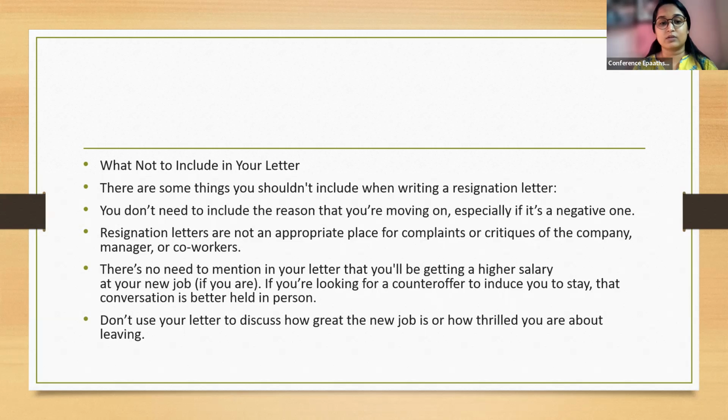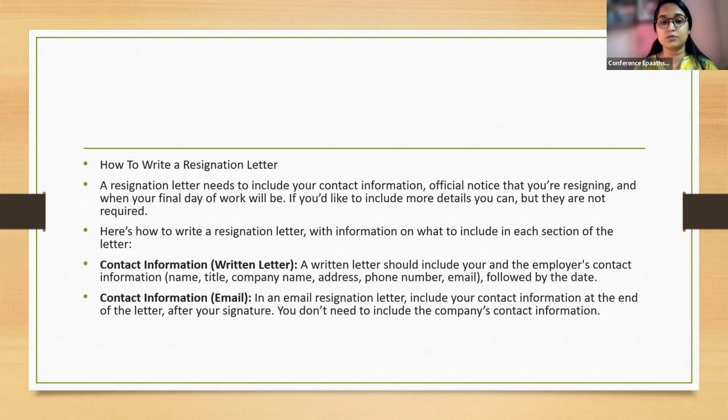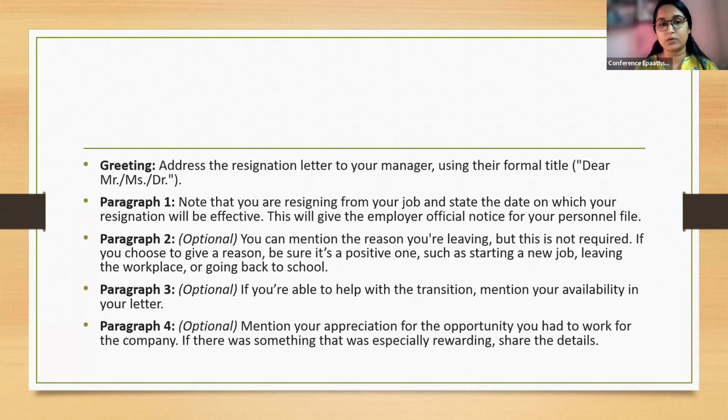Okay. So how to write a resignation letter? Your contact information needs to be included, but your company's contact information is not needed. First, start the letter with the salutation and greetings, Mr., Mrs., whatever. In paragraph one, state that you're resigning from the job and what your last working day is. Paragraph 2 is optional, your reason.